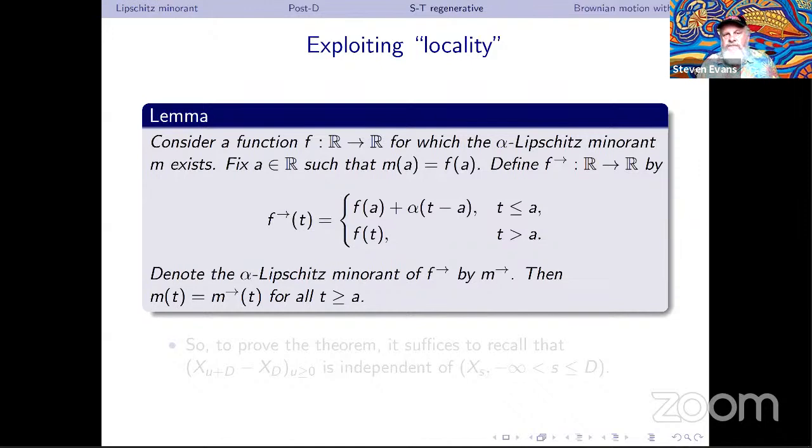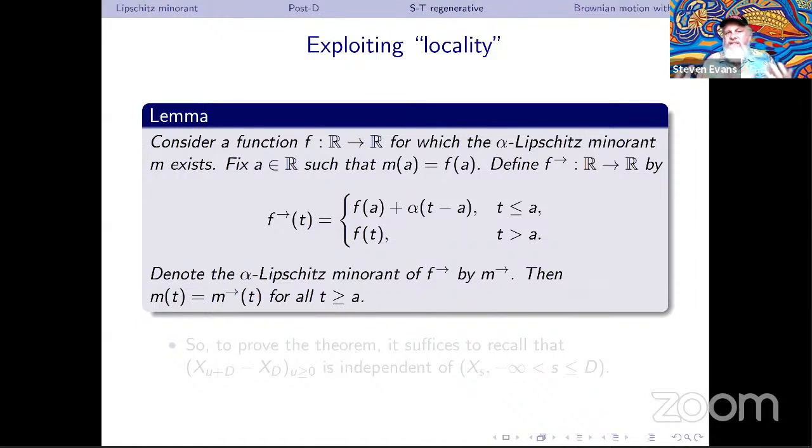Then the alpha Lipschitz minorant of f right arrow, let's call that m right arrow, satisfies m of t equal to m right arrow of t for all t greater than or equal to a.